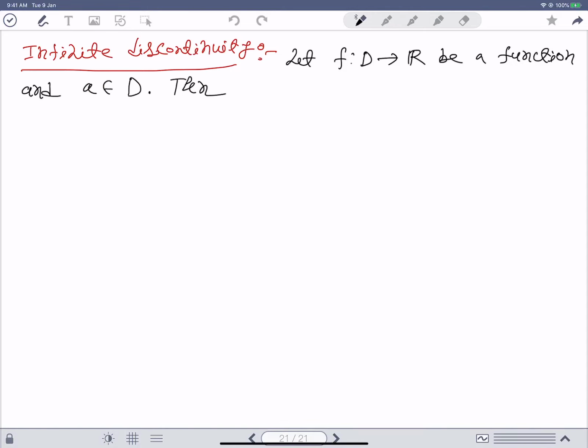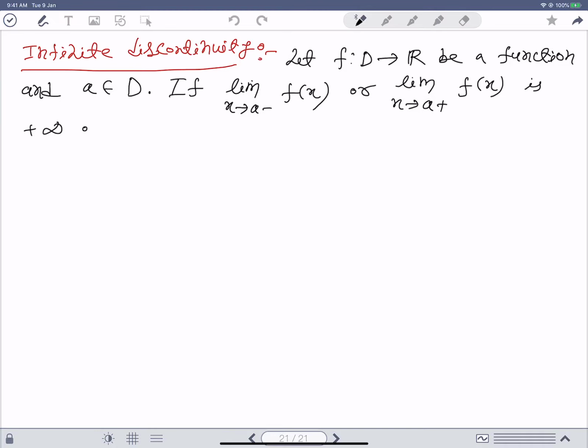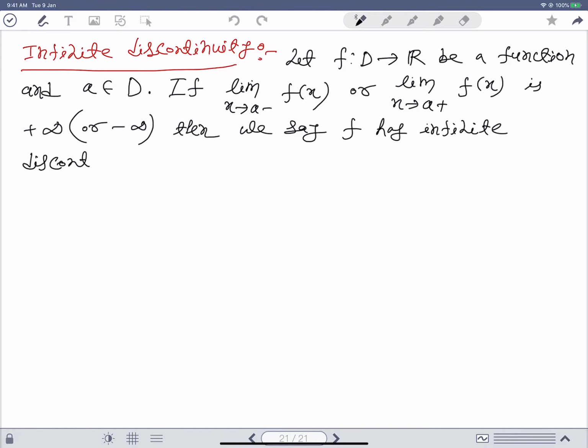Then if the left hand limit or the right hand limit of the function f at x equal to a is either plus infinity or minus infinity, that is just infinity, then we say f has infinite discontinuity at the point a.